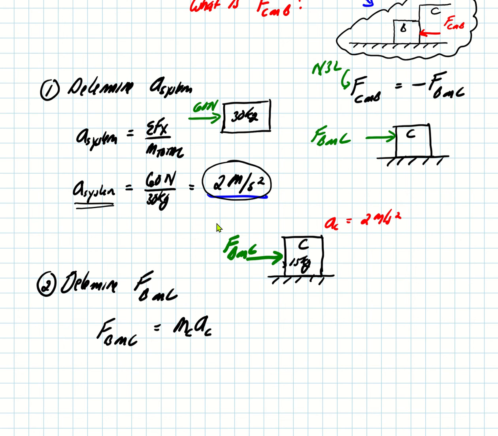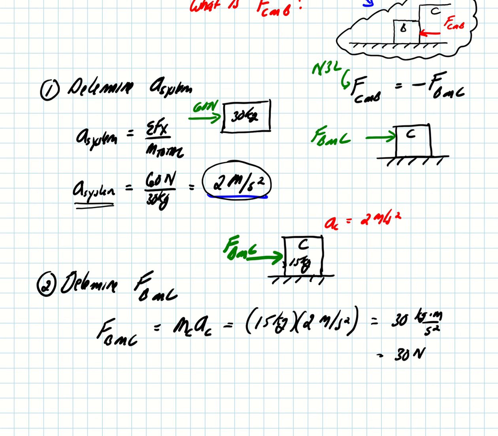This is the entire reason why we determined the acceleration of the system, because these two accelerations are going to be the same. So now it's a fairly trivial problem. We've got 15 kilograms of mass accelerating at 2 meters per second squared, and that's going to be 30 kilogram meters per second squared, but we know a kilogram meter per second squared is really a newton, so that's going to be 30 newtons.